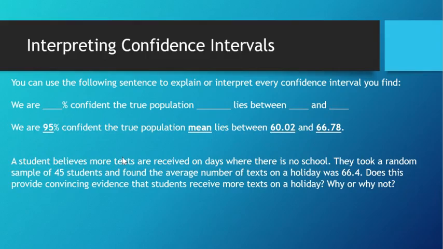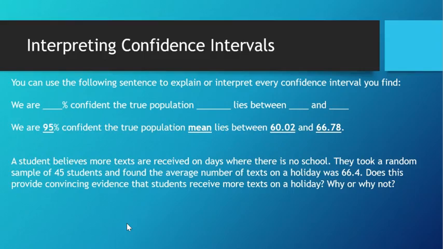Okay. We also need to talk about some questions that we could answer. So let's say that a student believes more texts are received on days when there is no school. So they took a random sample of 45 students and found that the average number of texts on a holiday was 66.4. Does that provide convincing evidence that students receive more text on a holiday? Okay, here's what we're looking for.